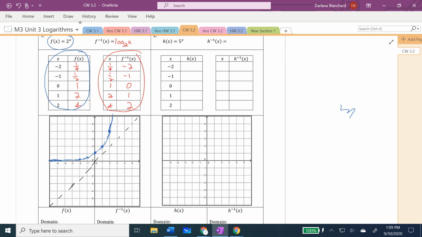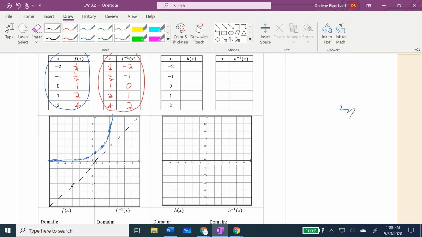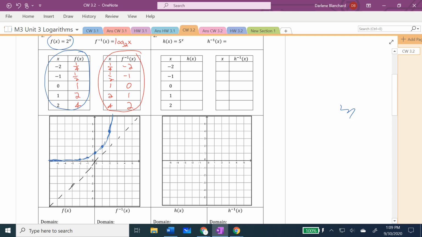So I'm going to change my color to red. And I'm going to plot when x is 1/4, y is negative 2. When x is 1/2, y is negative 1. When x is 1, y is 0. When x is 2, my y value is 1. When x is 4, my y value is 2.